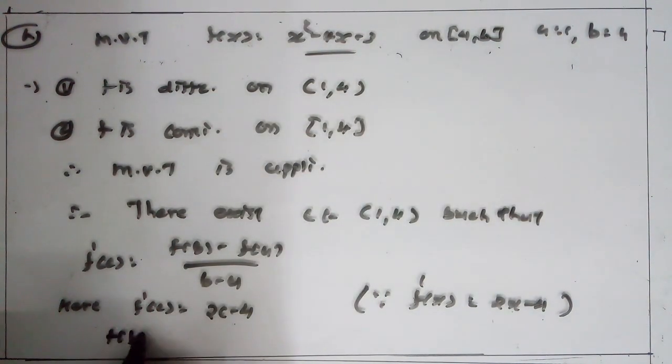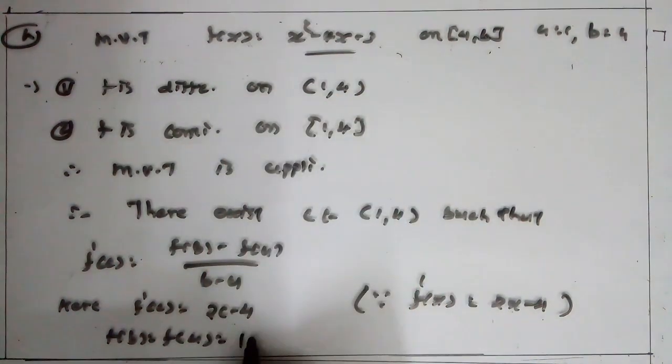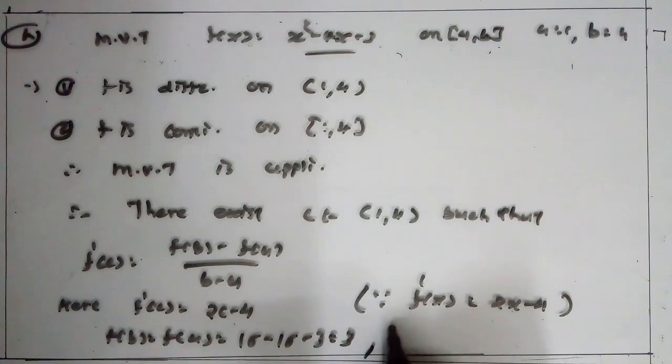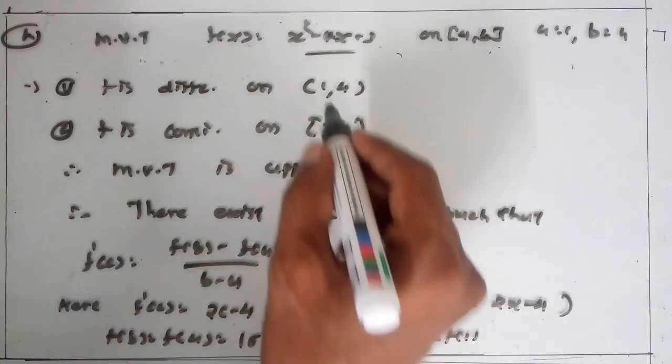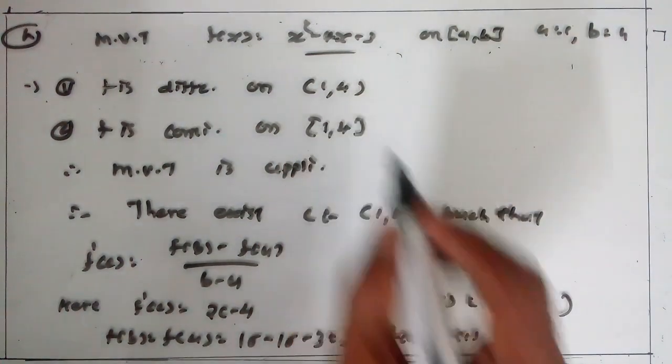And f of b minus f of a upon b minus a. f of b is equal to f of 4, that is 4 square is 16, minus 4 into 4, 16, minus 3, that is minus 3. And f of 1 is f of a, so a is equal to 1.